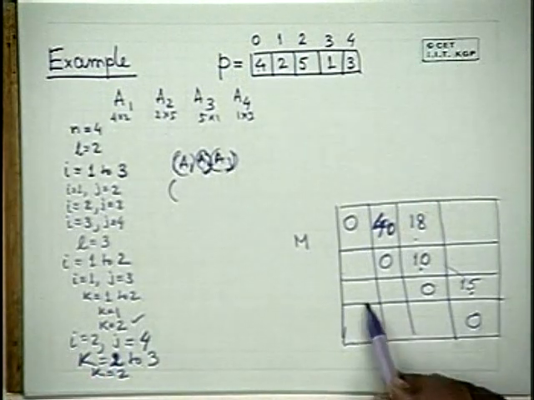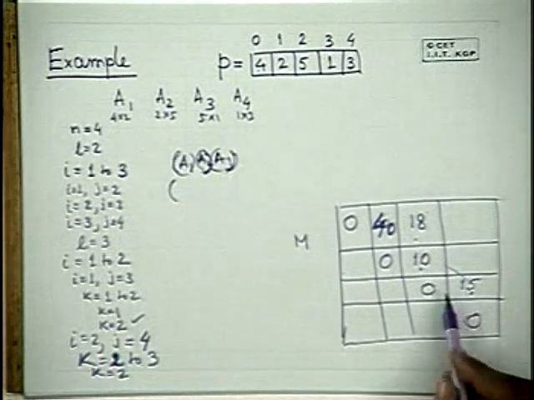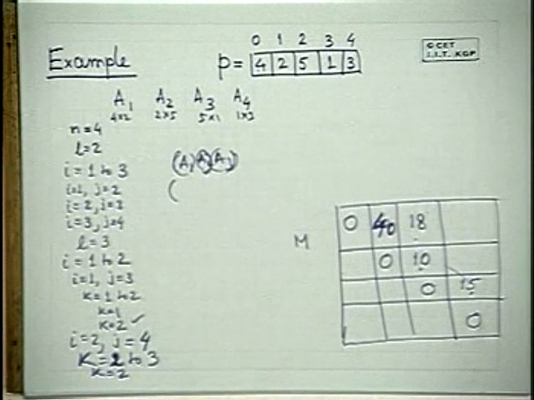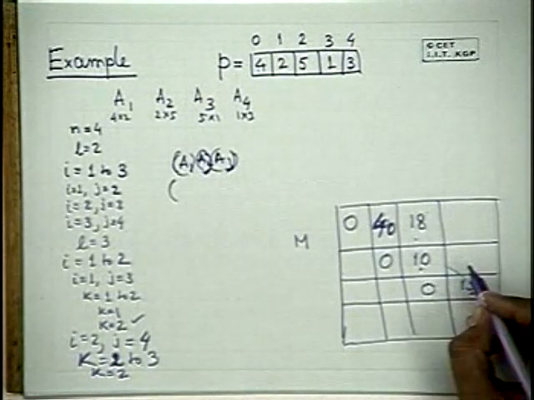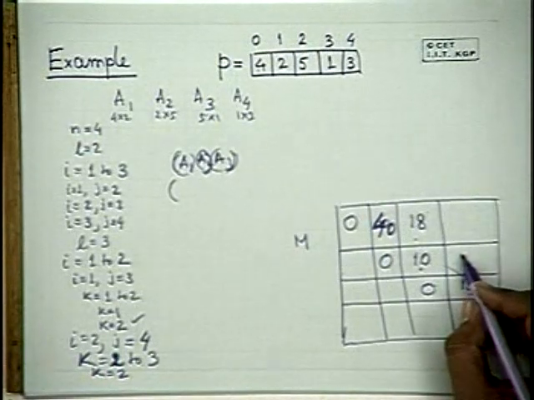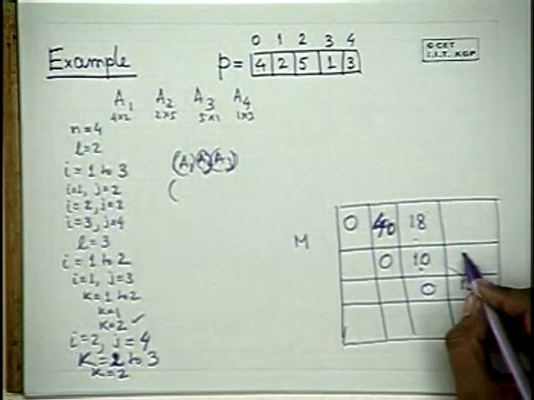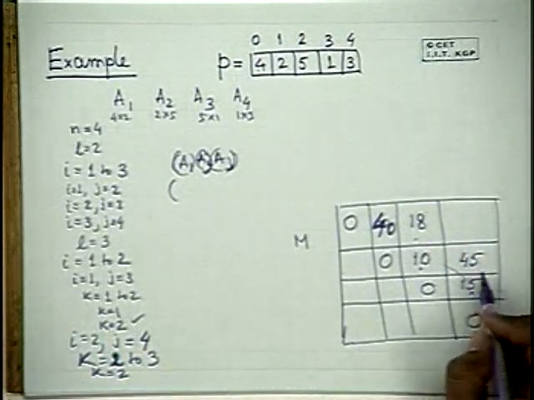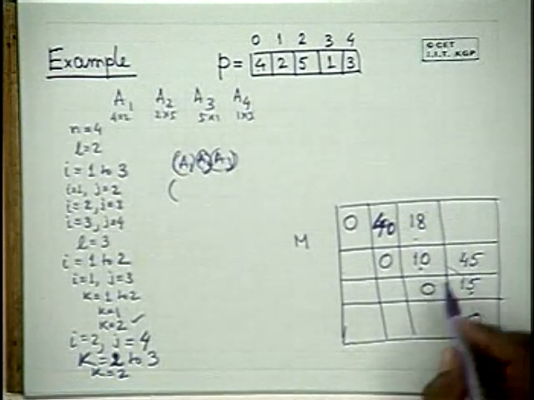M34 you must have calculated already, which is 15. 15 plus, tell me this 3 multiplication, what is that? So 30 plus 15, which is 45. So I should get Mij. Mij is M24. So this one is 45. So it is updated because this is the first time it is getting updated. Infinity will be replaced. So that's fine.